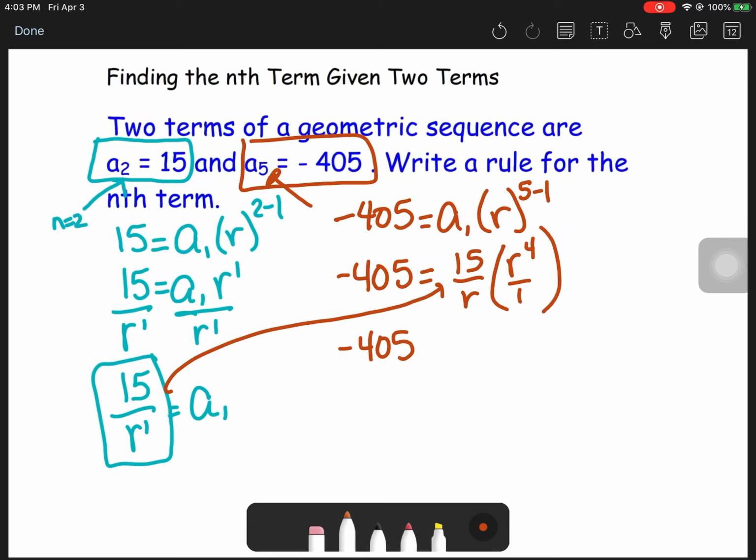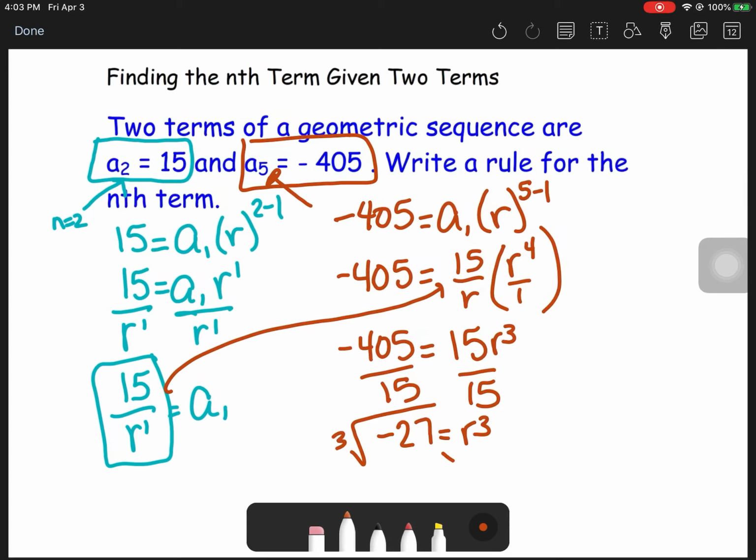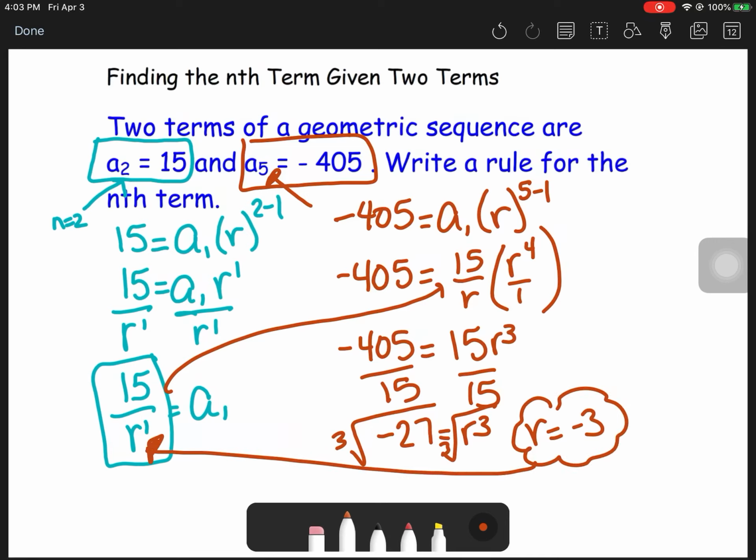Like we did in the last unit, we're going to simplify the r's, so it's r to the 3rd power, and we're going to divide both sides by 15. Negative 27 is equal to r cubed. Then we'll take the 3rd root of both sides to simplify, so r is equal to negative 3. We'll plug that back in. 15 over negative 3 equals negative 5, which is our a sub 1.